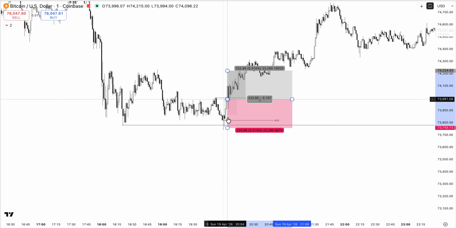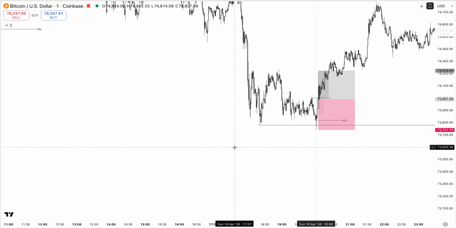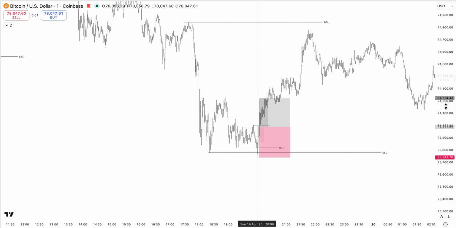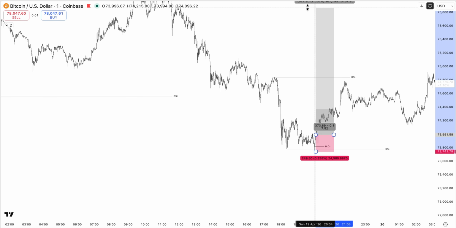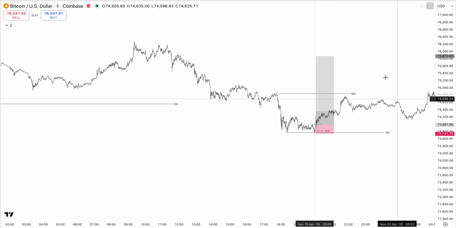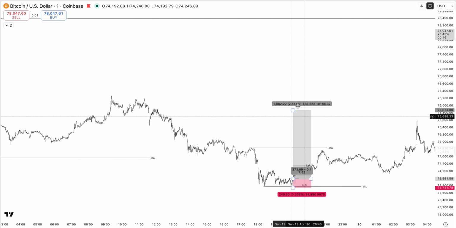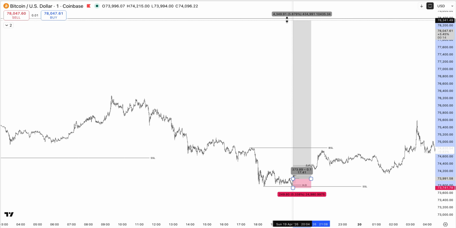Your entry could be from here, right here, stop loss right here, and you can target that high, the higher time frame range, using the lower time frame ranges risk.